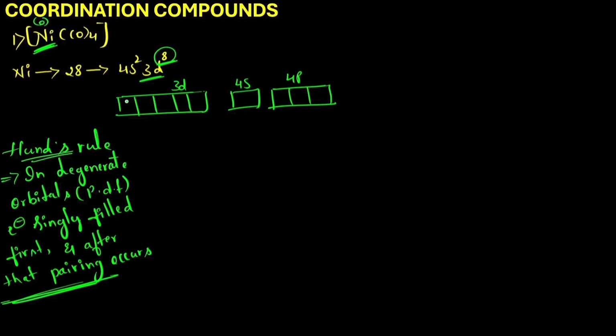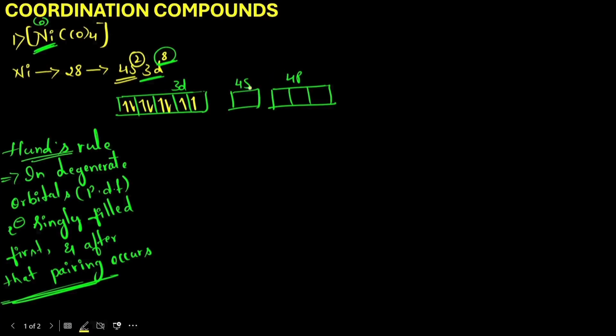That means we have to fill the degenerate orbitals first with single electrons: 1, 2, 3, 4, 5, 6, 7, 8. Eight electrons are filled in the 3d orbitals. Next, how many electrons are there in 4s?